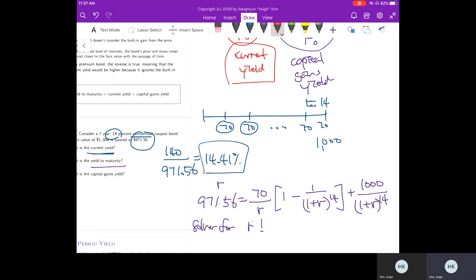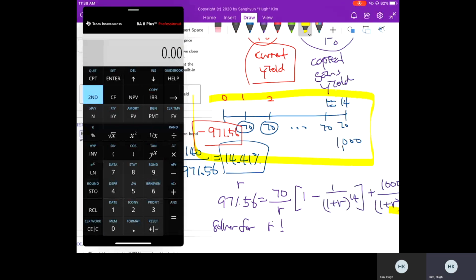And at time 0, if you buy this bond, the cash flow will be negative 971.56. So this cash flow fits naturally into a financial calculator, which looks like this.